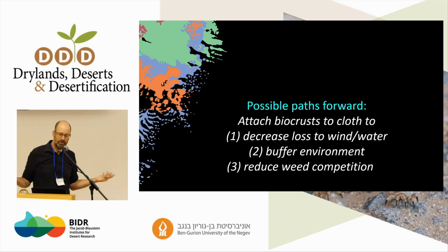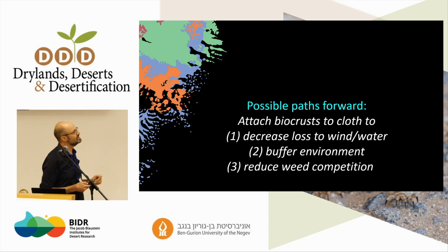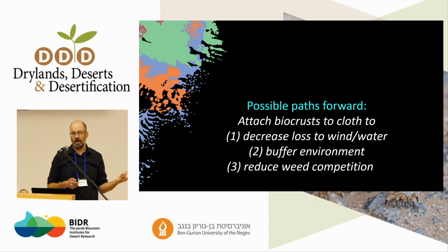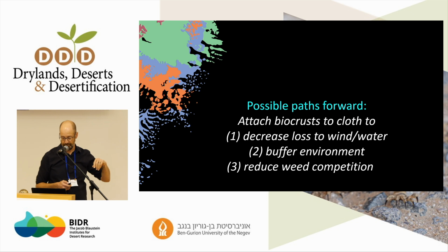Okay, another idea to solve various problems is attaching biocrusts to cloth. And if you did this, you could decrease loss to wind and water erosion. Depending on how you used it, you could buffer the environment. And depending on what the cloth is, you could reduce weed competition from exotic plants, for example.